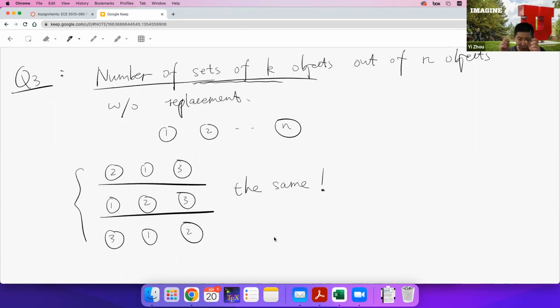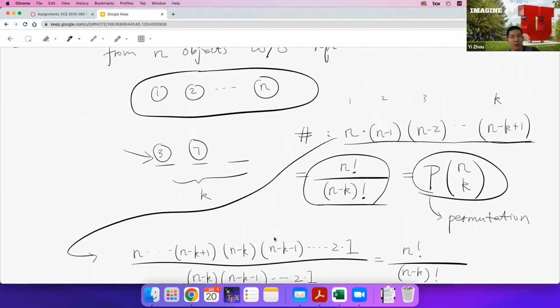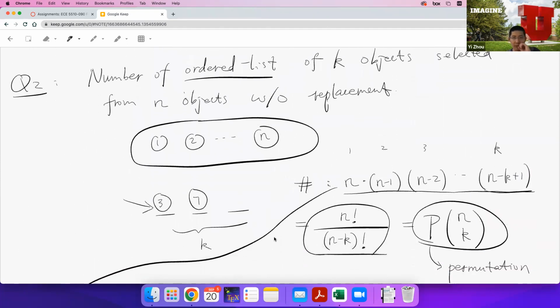Right. So think about this. This is somewhat related to question 2, right? Maybe we can stand on question 2 and try to figure out question 3. In question 2, we know how to compute the number of ordered lists of K objects.